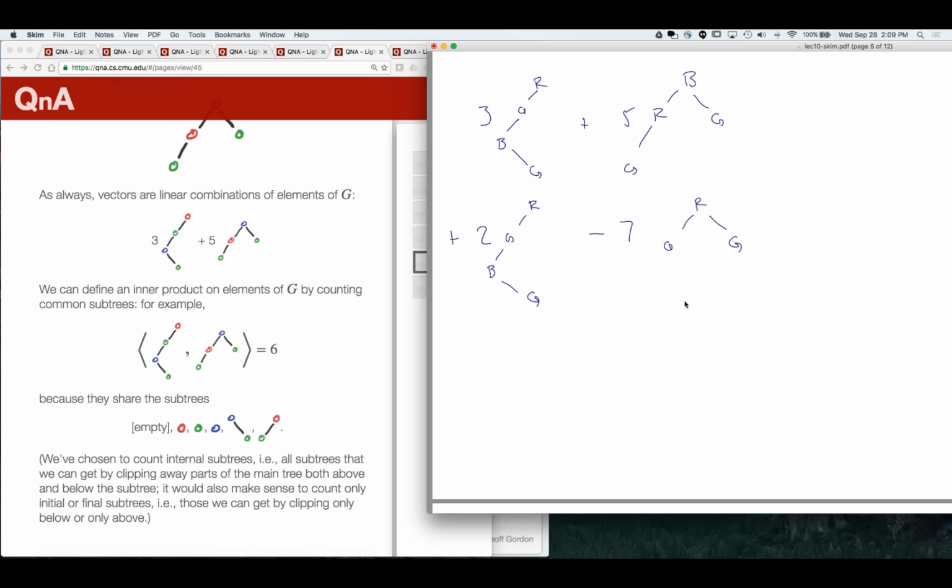So we just add them together, right? So these two elements, the answer is that it is this whole expression, 3 times this plus 5 times that plus 2 times this minus 7 times that. And then we can factor out, because 3 multiplies this subtree and 2 multiplies the same subtree, that's equal to 5 times that subtree, red, green, blue, green, plus, and now this one doesn't combine with anything, so it's 5 times blue, red, green, green, minus 7 times this subtree, which also doesn't combine with anything.